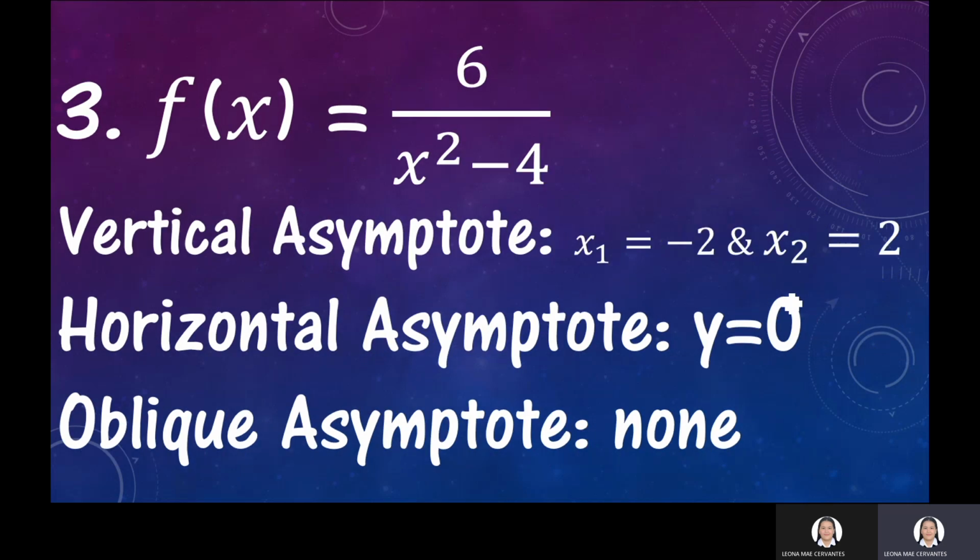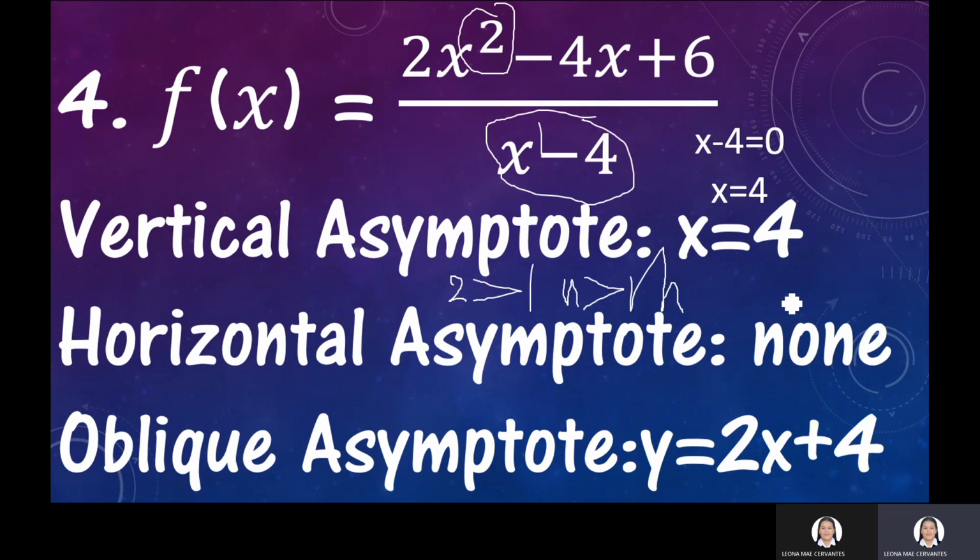Number 3, vertical asymptote, x sub 1 is equal to negative 2 and x sub 2 is equal to 2. Horizontal asymptote, y is equal to 0. Oblique asymptote, none. Number 4, vertical asymptote, x is equal to 4. Horizontal asymptote, none. Oblique asymptote, y is equal to 2x plus 4.